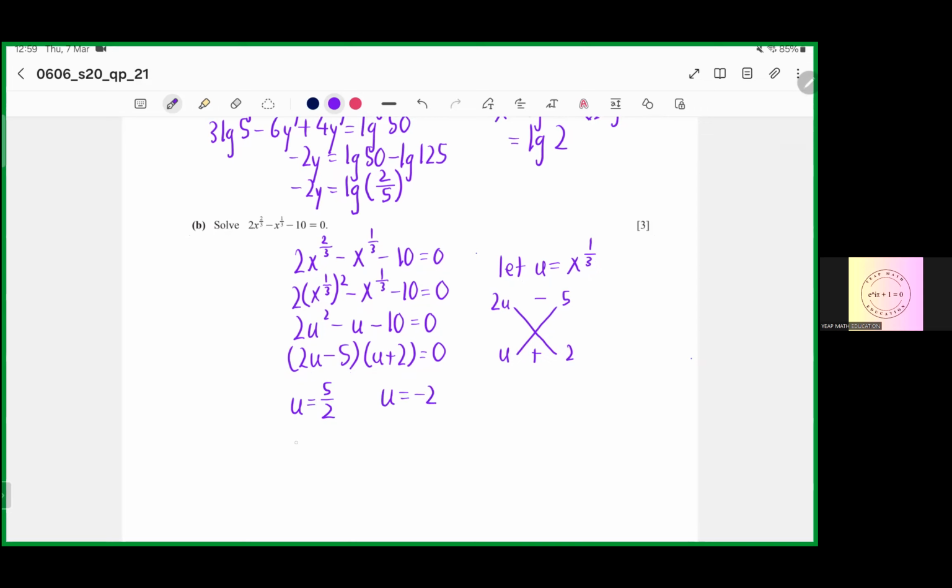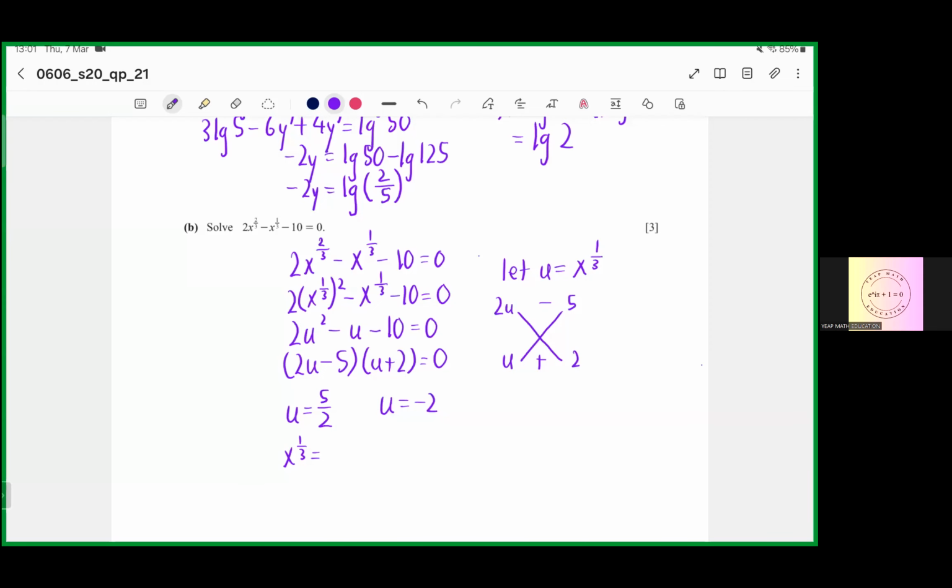Okay, x to the power of 1 over 3 equals 5 over 2, and x to the power of 1 over 3 equals negative 2.